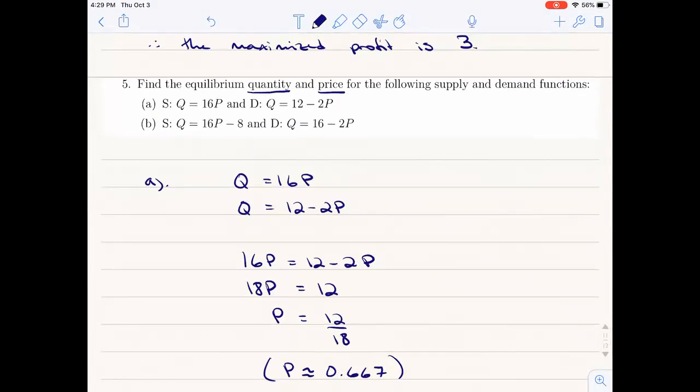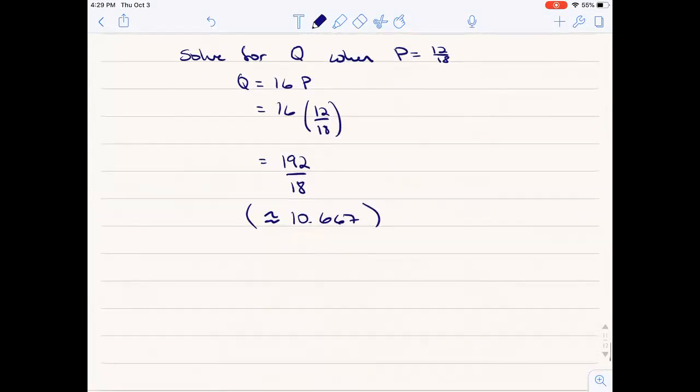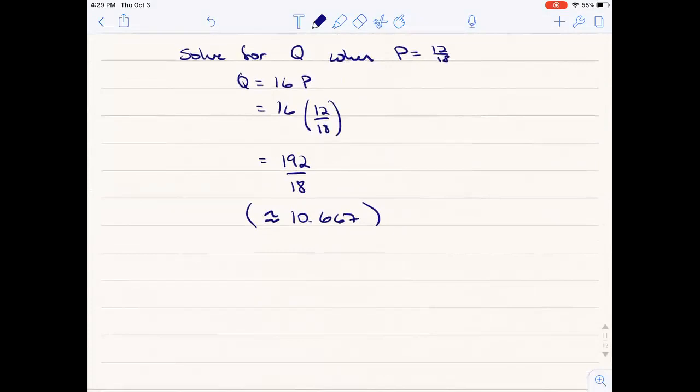So for part A, the equilibrium quantity is going to be 192 over 18.